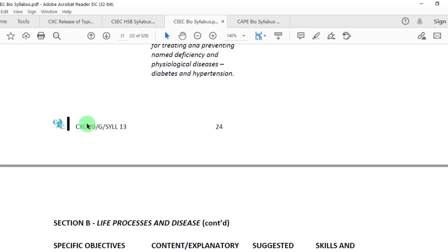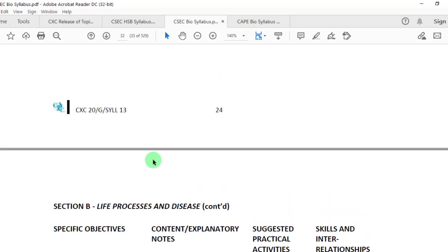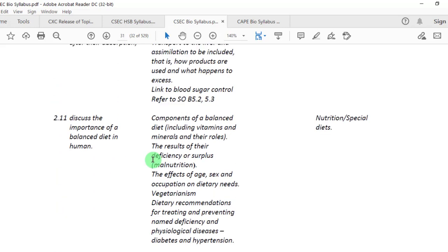It's a big subsection. You have 11 objectives, yeah? From 2.1 to 2.11. And as for HSB, I pulled all of this out for you and placed it in a pretty little document that you can get in the link below. Right, so that's basically your nutrition.